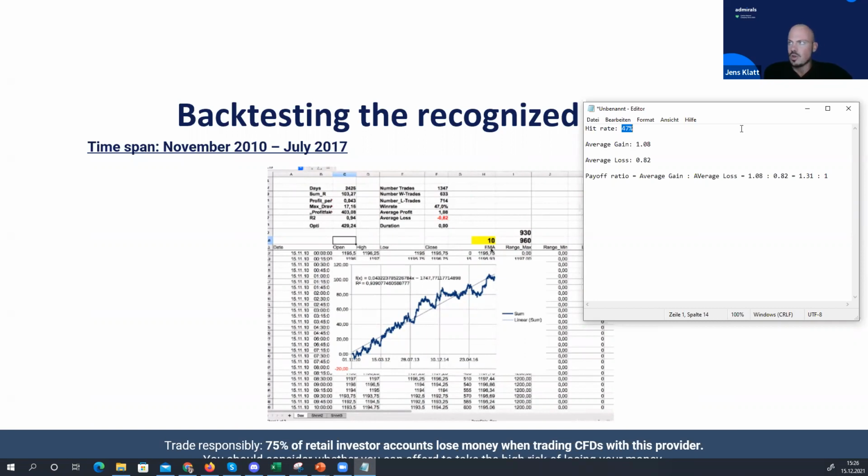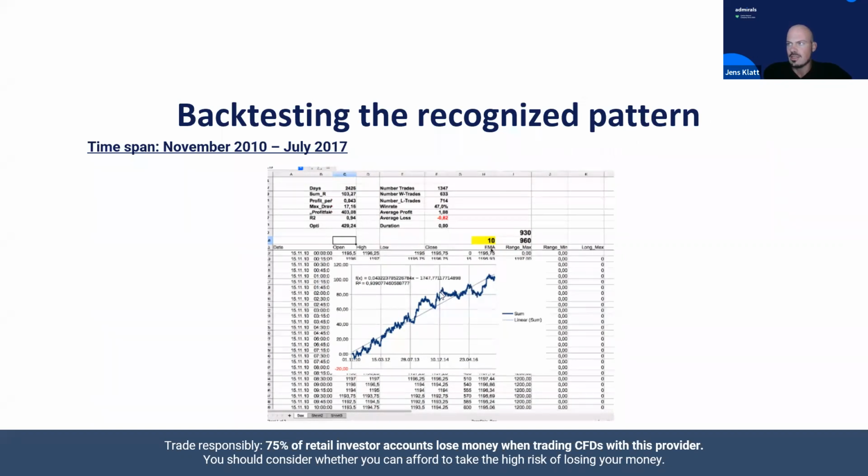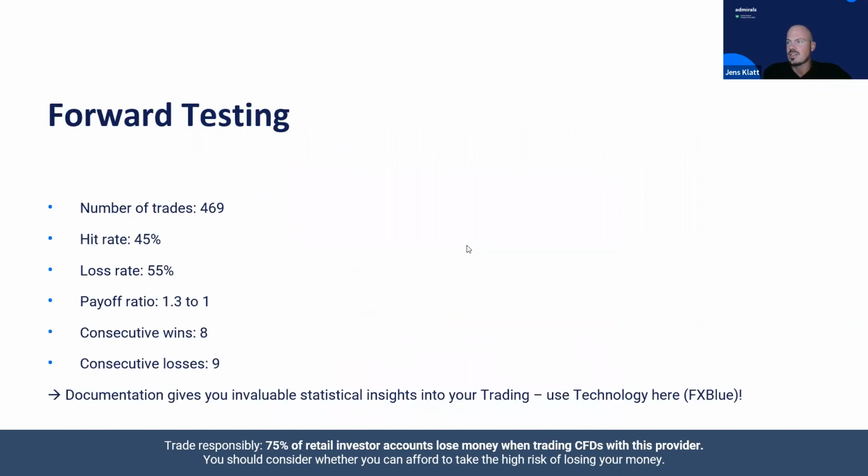So to make a long story short, the backtesting obviously already showed you that this is a profitable approach for the last 7 years, but probably we do not know whether it will perform well in the future. And this is where we have to start to take risk. This is exactly what we did for the time span between 2019 till October 21.